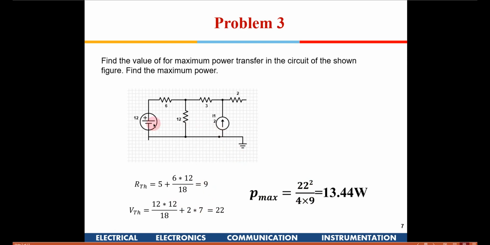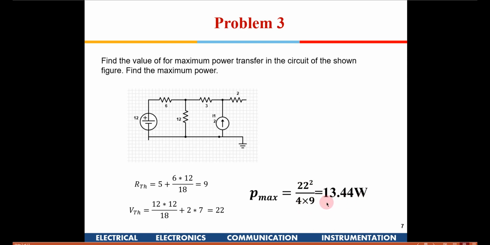Total V is 22, out of which half of the voltage will be dropped across the RTH, and half will be available across RL, right? So that V will be 22 divided by 2. So you need 22 square divided by 4, V square by R. This is the max power which is available across the load resistance.